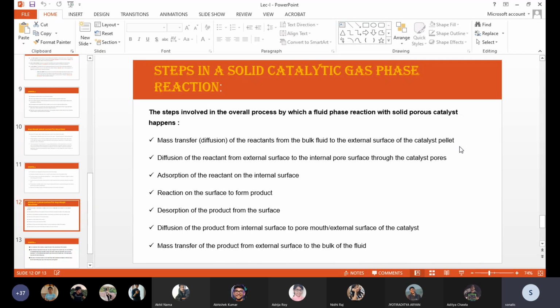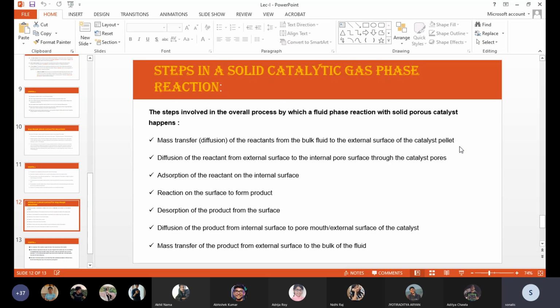The next step is another diffusion of the reactants from the external surface to the internal pore surface through the catalyst pores. So here is another mass transfer. The first one is called external diffusion, because reactant molecules are coming from the bulk to the catalyst surface.